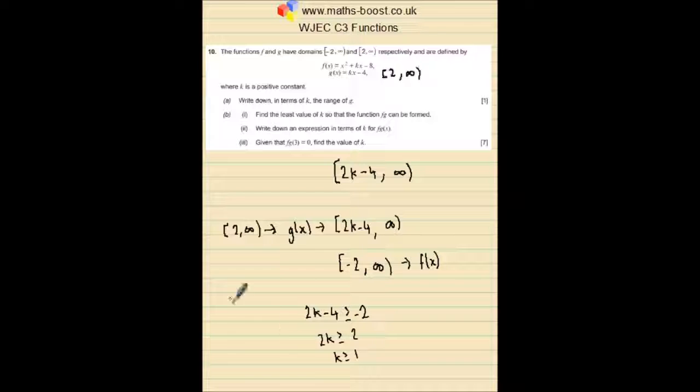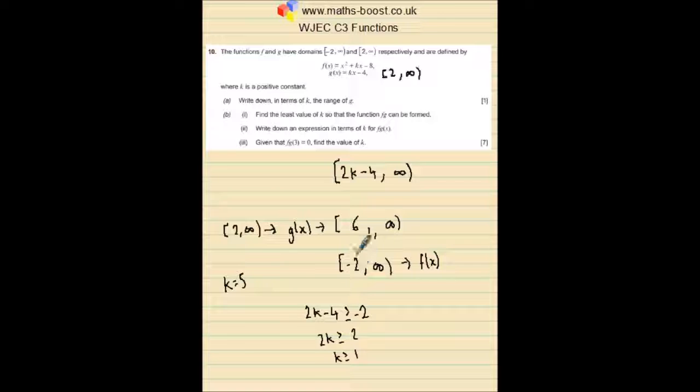Just to be clear, let's say the question said, for some reason, take k to be equal to 5. Then in that case, if k was equal to 5, then 2 times 5 is 10, 10 minus 4, so this would be 6. So you'd have 6 going in. That's fine, because this function can take a value of 6.